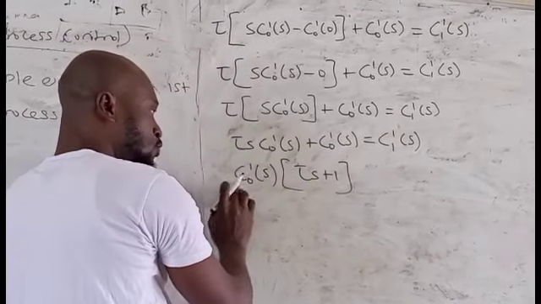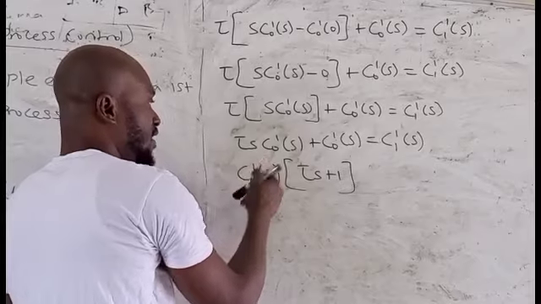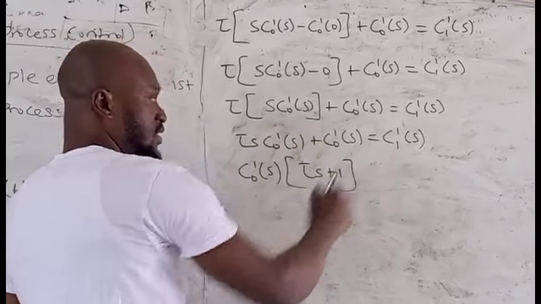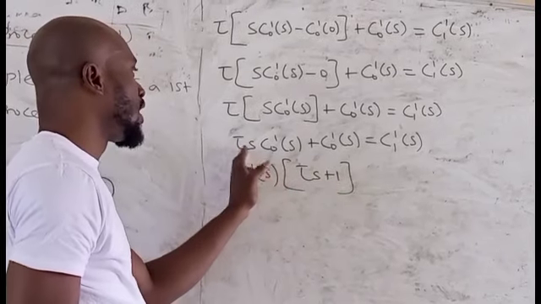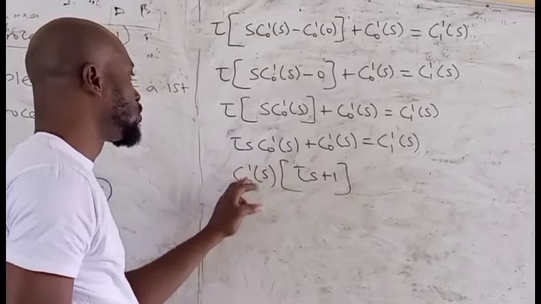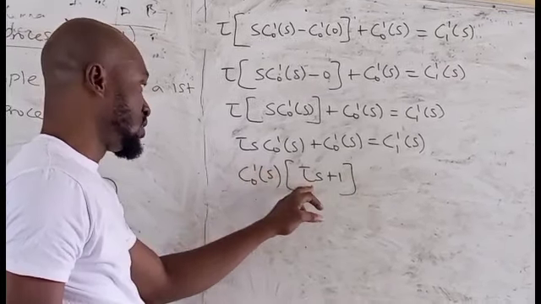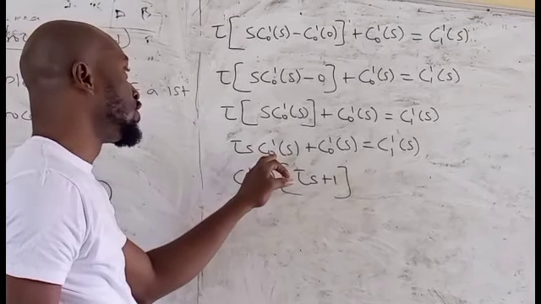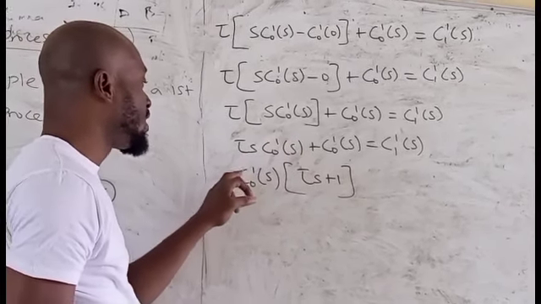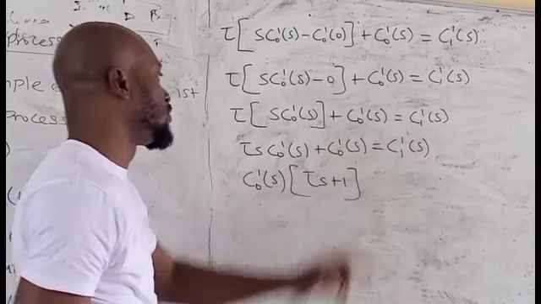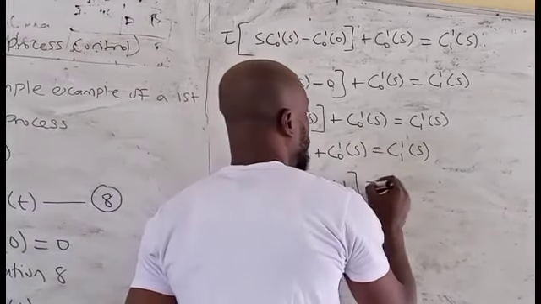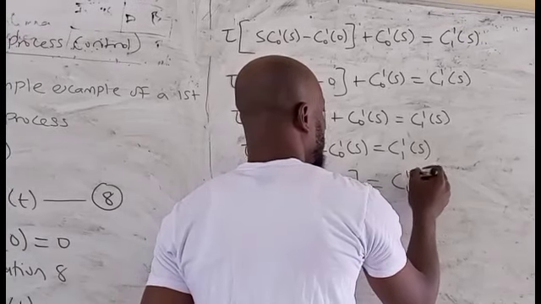If you open up this bracket with C0'(s), you get this thing back: C0'(s) times tau s gives you tau s C0'(s), then multiplying by the 1 gives C0'(s), which is equal to C1'(s).